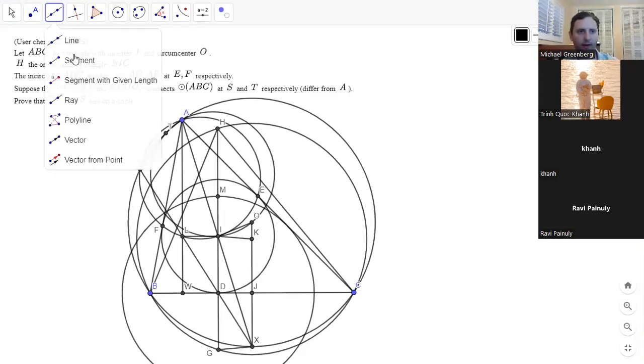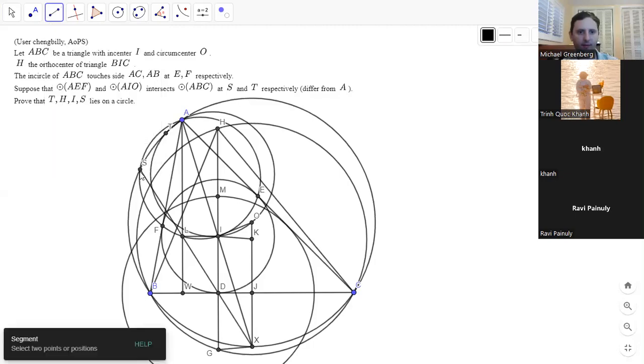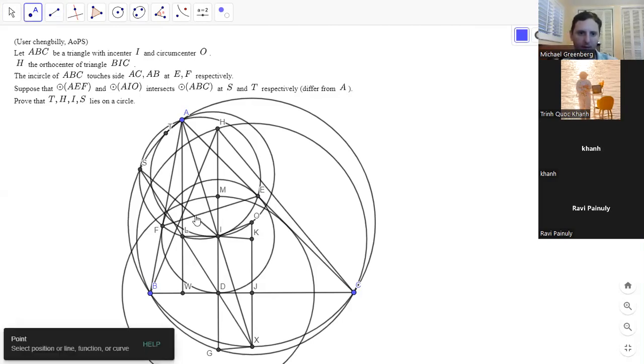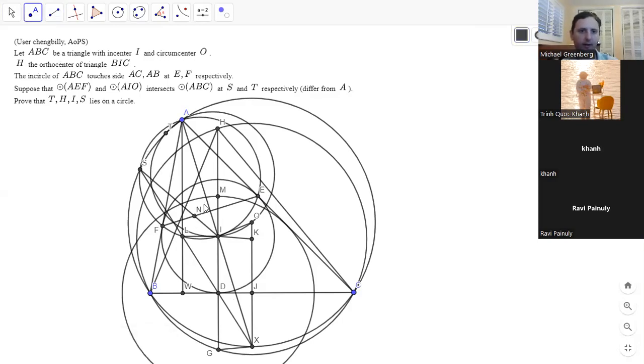If we let IS intersect EF, then by the Sharkey-Devil stuff, we know that this point's perpendicular to EF, right? So we know DN is parallel to AI.